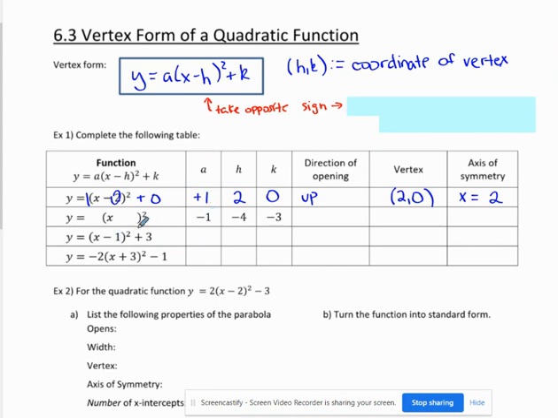If a is negative 1, let's put an a of negative 1 in there. And then it should be x minus h. So x minus, and then my h is negative 4, squared. And then k is minus 3.